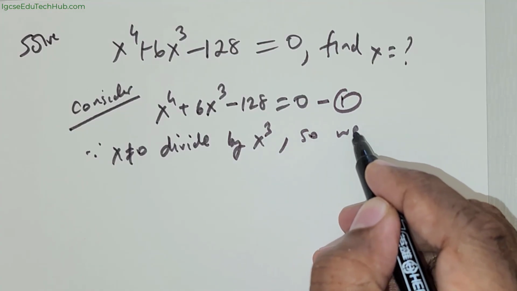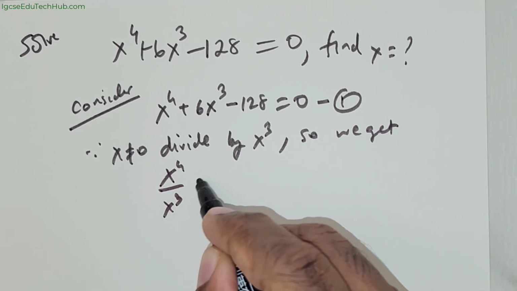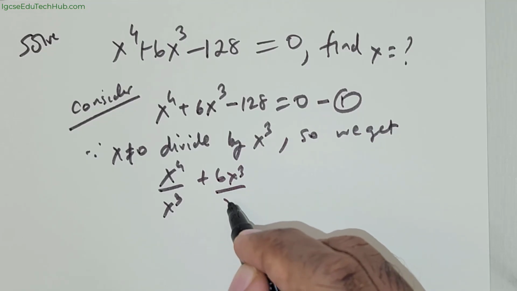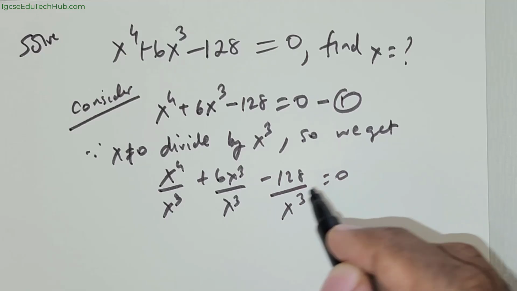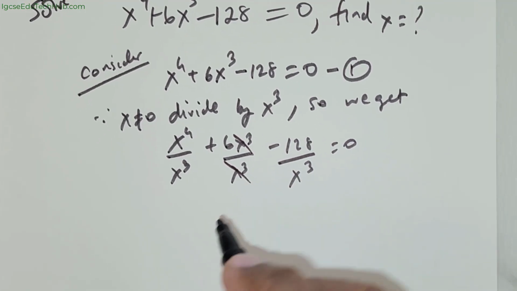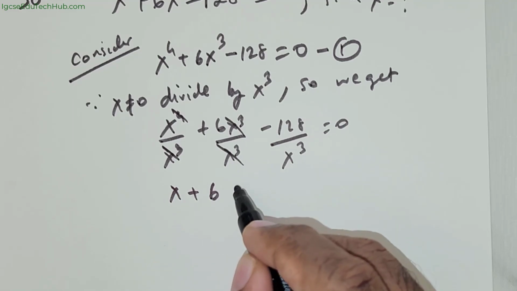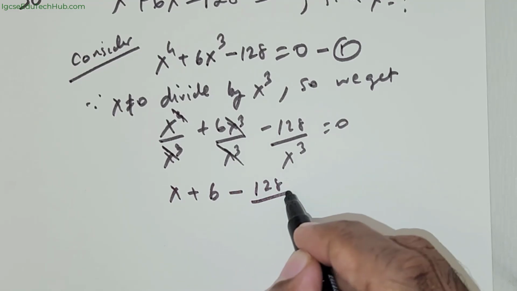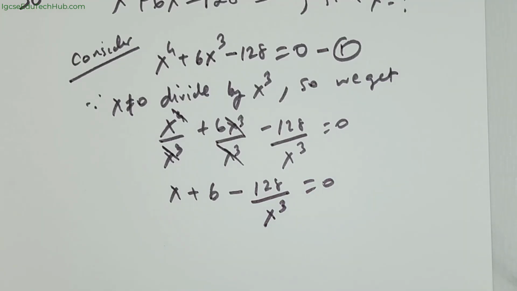So we get x to the power of 4 divided by x cubed plus 6x cubed divided by x cubed minus 128 divided by x cubed is equal to 0. x cubed gets cancelled. 1x will remain here, a 6 over here, and minus 128 divided by x cubed is equal to 0.